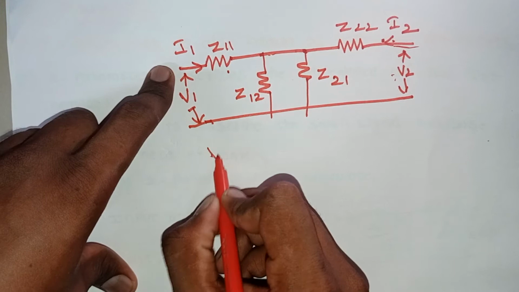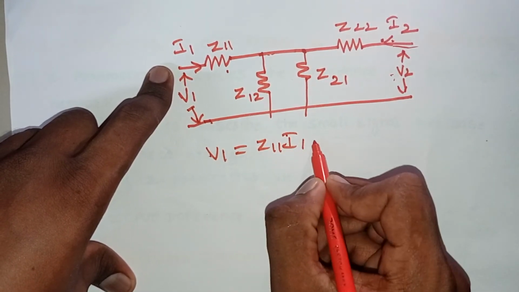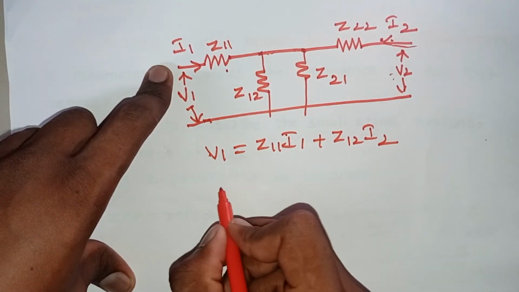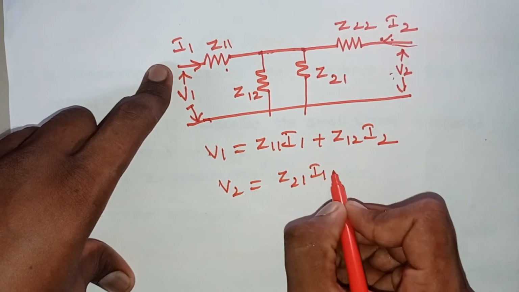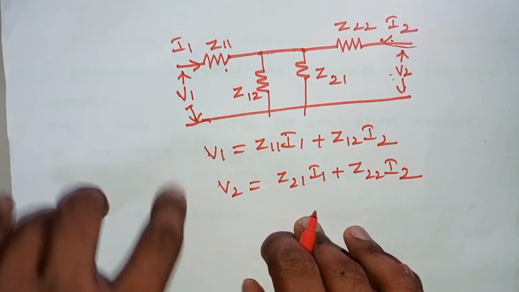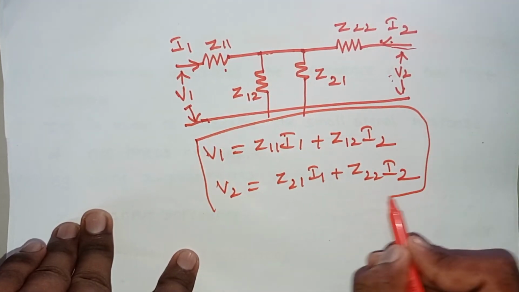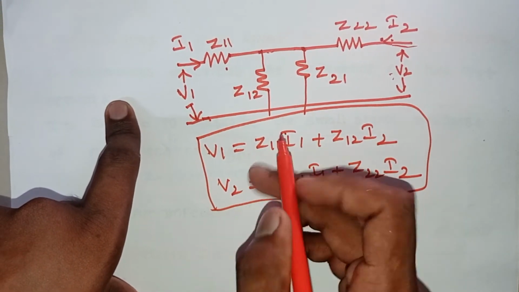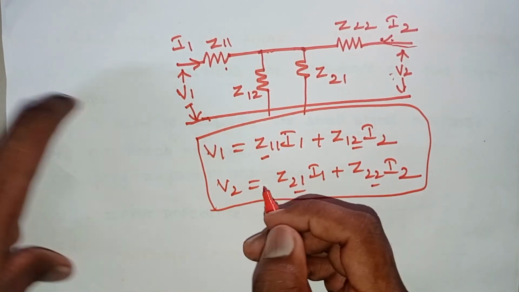Here see, V1 equals Z11 I1 plus Z12 I2 and V2 equals Z21 I1 plus Z22 I2. These are the basic equations for Z parameters. From these equations we can calculate the Z11, Z12, Z21 and Z22 values.